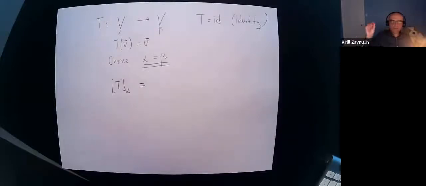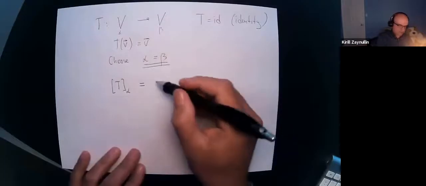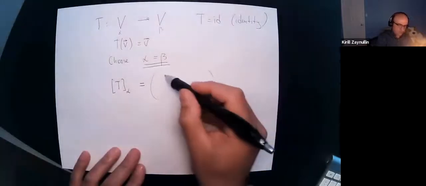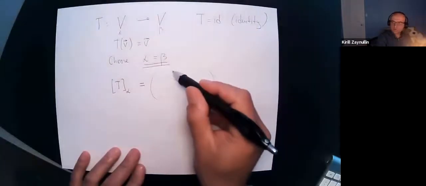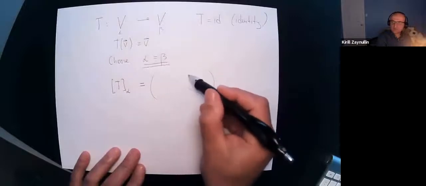So the only coefficients which will appear are the coefficients on the main diagonal, because the first goes to first, second goes to second, third goes to third.